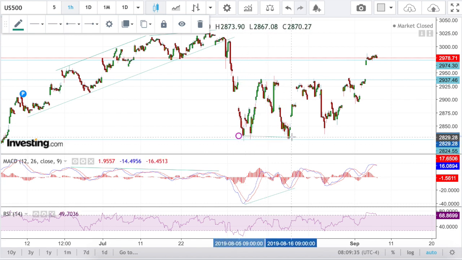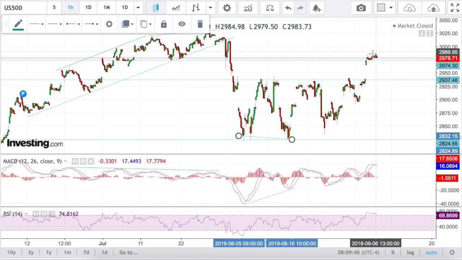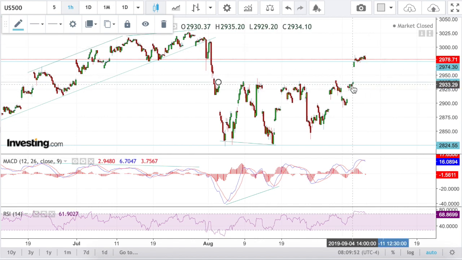Price made a lower low here, while the MACD made a higher low, and that fueled this rally and fueled the breakout. So this is definitely a check mark to the bulls. If you are bullish on the S&P 500, this is definitely a good sign for you. We gapped up above the level, and so far we haven't looked back.